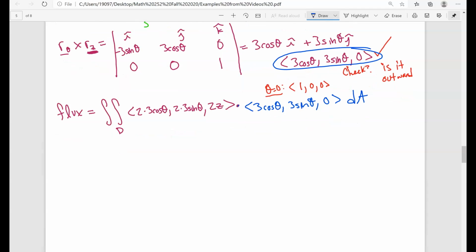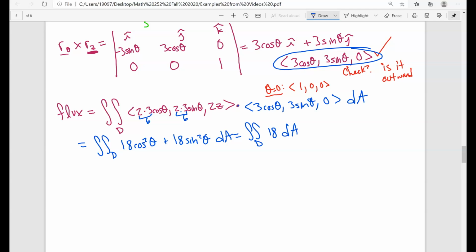So this is going to give me the double integral over the region D. Taking the dot product, 2 times 3 gives a 6 and a 6, so when I multiply, I get an 18. So I get 18 cosine squared theta plus 18 sine squared theta. The last component is just 0. Sine squared theta plus cosine squared theta goes to 1, so all I have is the double integral of 18 dA.